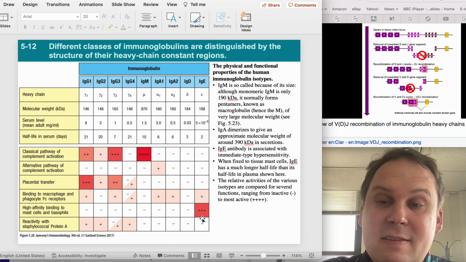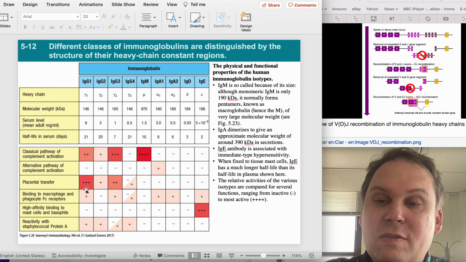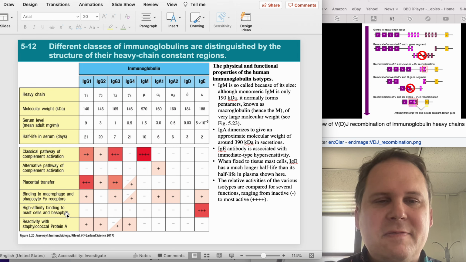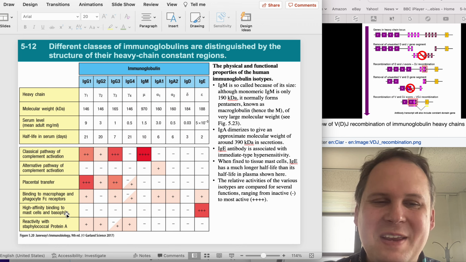But the thing they're amazing at is binding to the IgE receptors that you find on mast cells and basophils. And when that happens, that can be a powerful way to fight some parasitic infections. But more commonly, in this mostly parasite-free age in which we live, that tends to be where you get allergy.